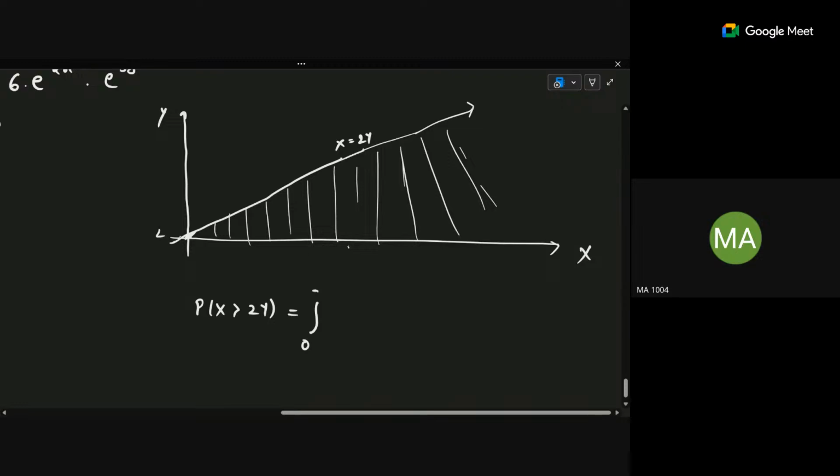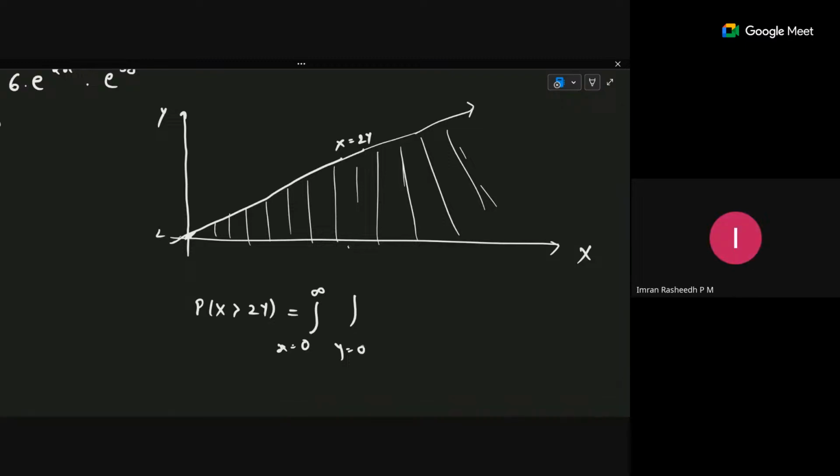These are the limits for x, 0 to infinity, and y is 0 to x by 2, and integrate over f of x,y dy dx.